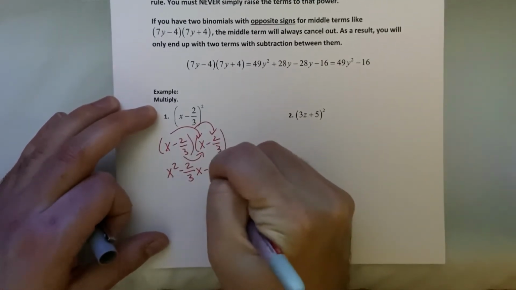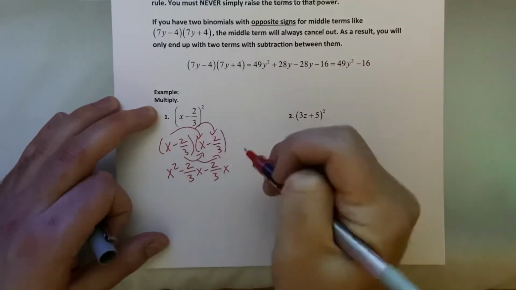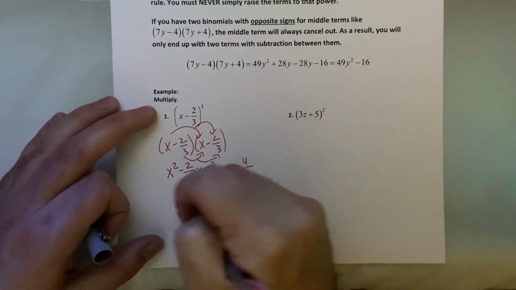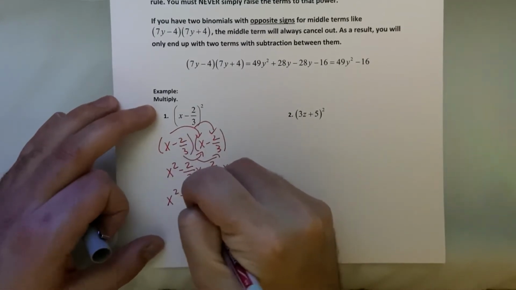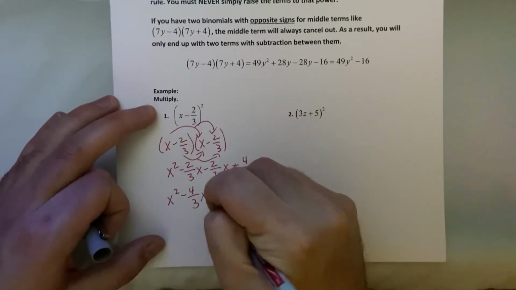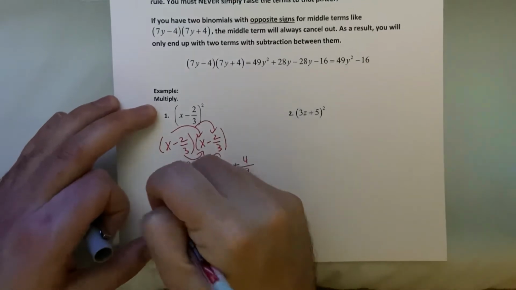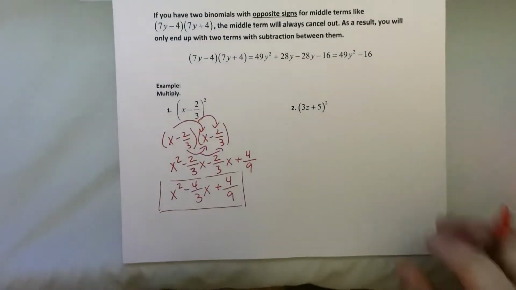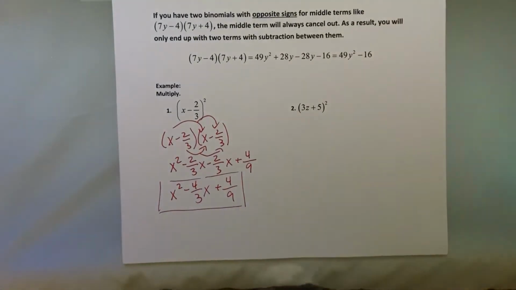Another negative 2/3 x. Negative 2/3 times negative 2/3 is positive 4/9. When I add those two together, it's negative 4/3 x plus 4/9. And I will leave number 2 for you to do so we can get into more complicated ones on the next page.